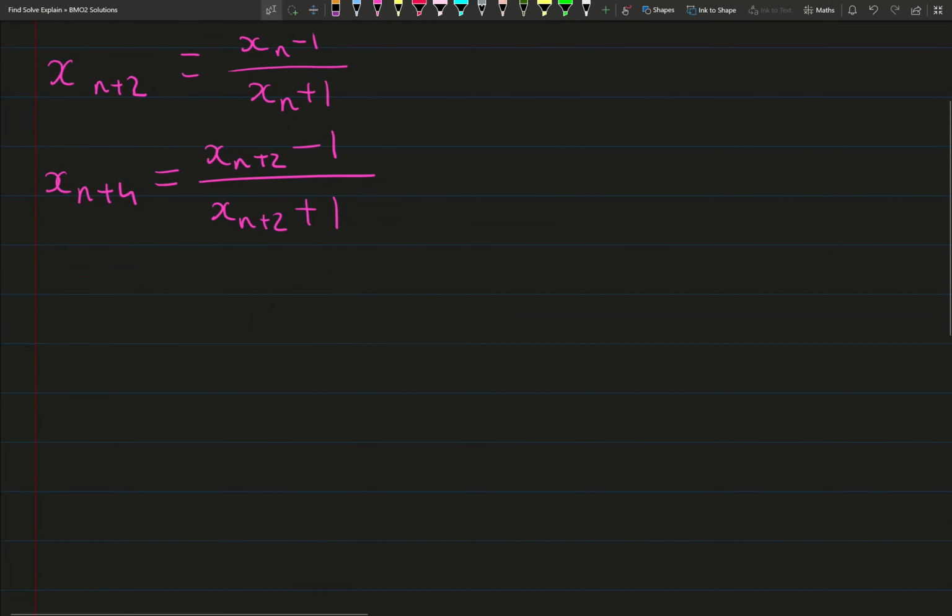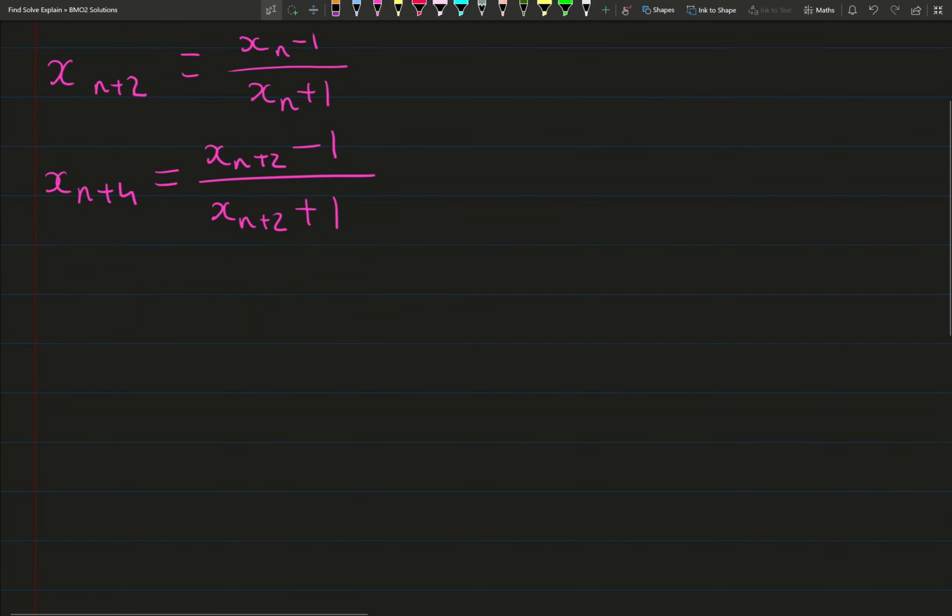This is extremely promising because it's quite obvious to see that if you do this twice, so if you do x_{n+8} equals minus 1 over x_{n+4}, and this is good because this equals, and with this we can simplify to x_n. I'm now going to clear the OneNote again. Okay, so we just proved that x_{n+8} equals x_n.